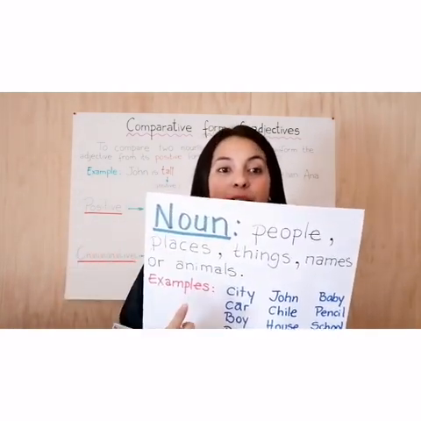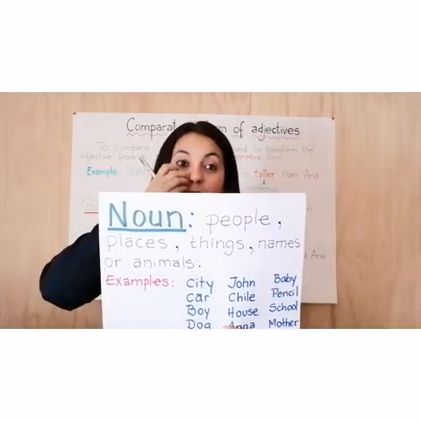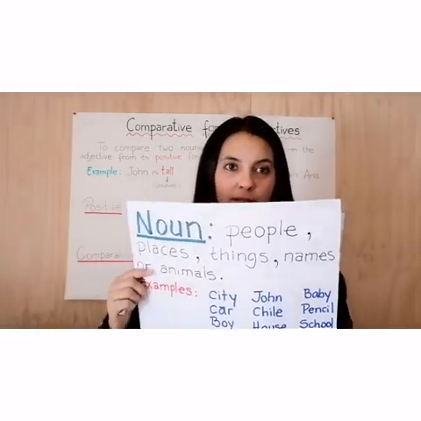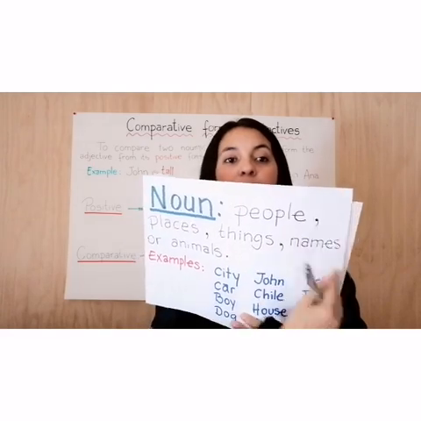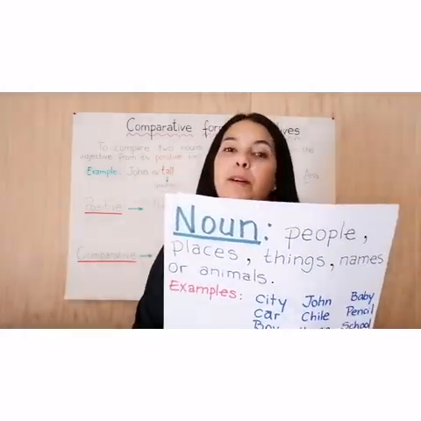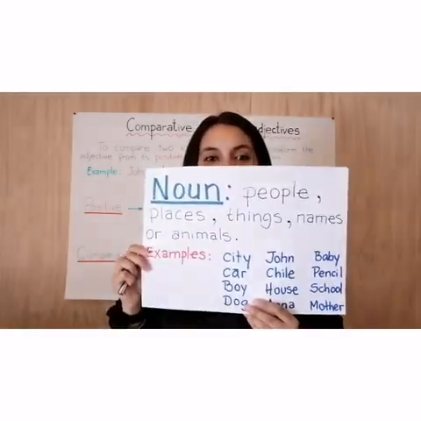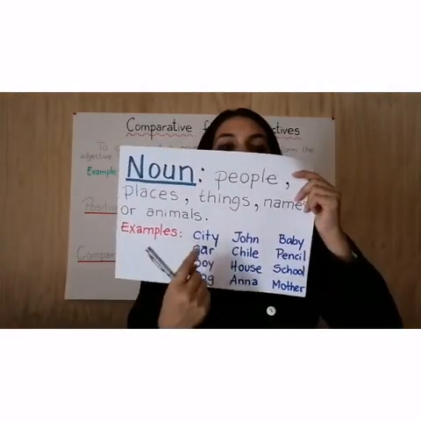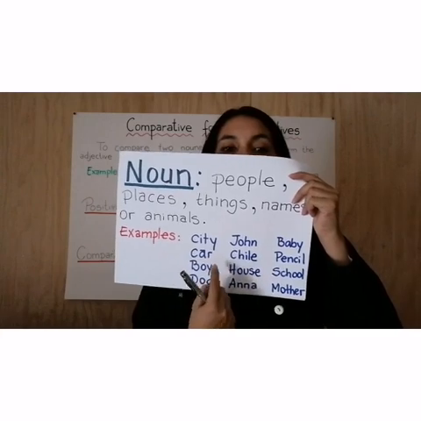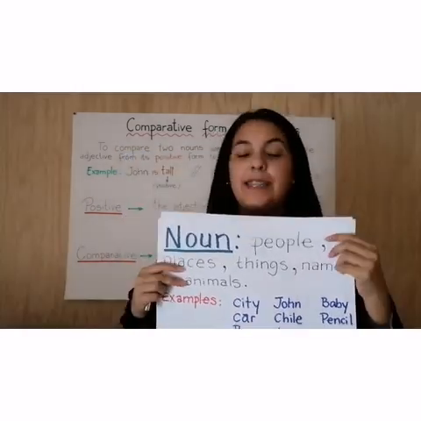Places like Chile, the city. Things, an object. Names like Maria Jose. Or animals, a dog, a cat, a cow. Those are nouns. We have some examples here: city, John, baby, car, chili, pencil, boy, house, etc.